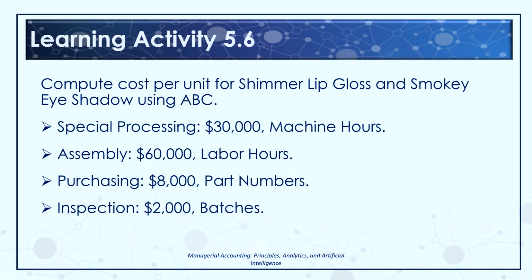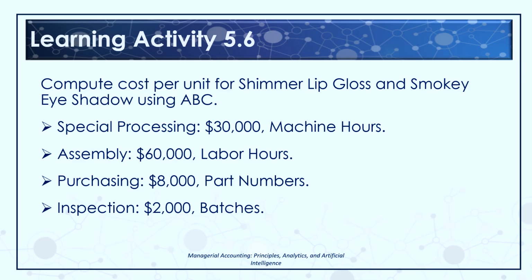Let's compute costs using ABC for S&H Cosmetics. We have 4 activity pools: special processing with $30,000 based on machine hours. Assembly has $60,000 of costs and is based on labor hours. Purchasing has $8,000 of cost and is driven by part numbers. Inspection has $2,000 of cost and is driven by the number of batches inspected.